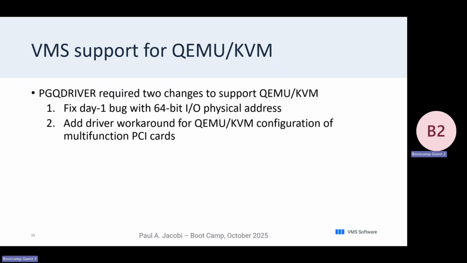So the first time we created a VM with QEMU KVM and our pass-through card, as far as we got at the first attempt was it just hung. And we couldn't even get to log in. So we recreated our VM with a logging version of our driver and found that the driver ended up someplace it should never be.